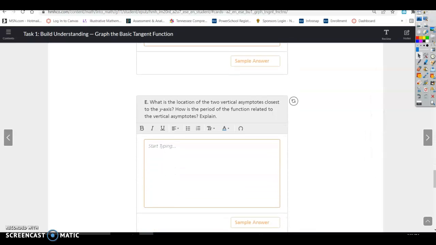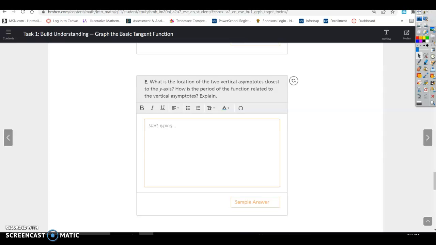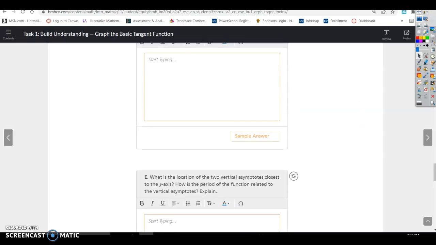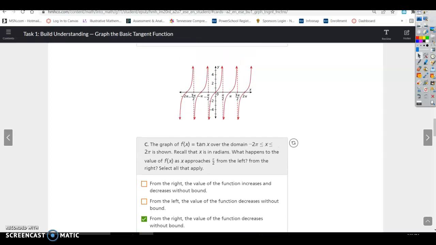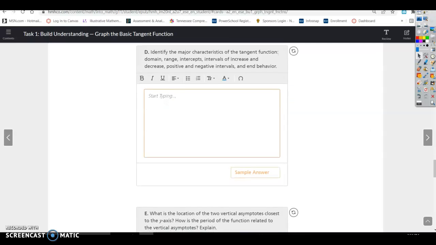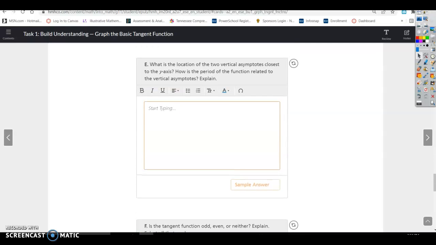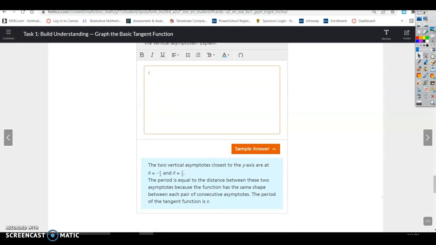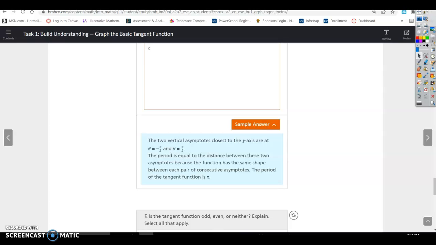All right, what is the location of the two vertical asymptotes closest to the y-axis? How is the period of the function related to the vertical asymptotes? All right, so the two that are closest are pi over 2 and -pi over 2. So if you think about that, that's going to be 90 degrees, and that's -90 degrees. It says the two vertical asymptotes closest to the y-axis are at pi over 2 and -pi over 2.